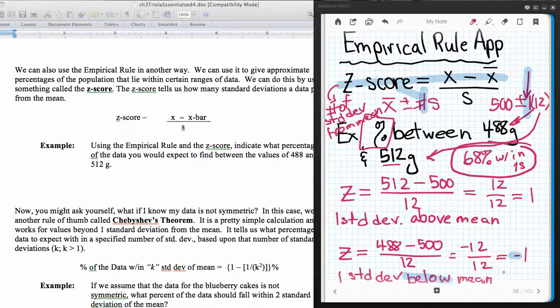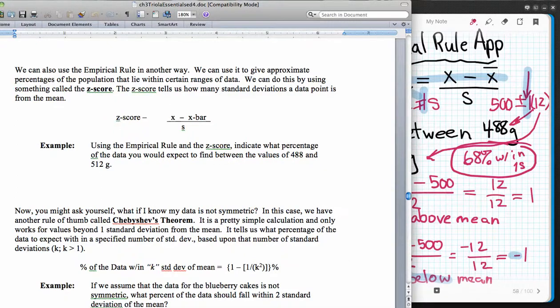Oh, 68%, or at least 68%. Oh, that fits the empirical rule pretty well. Looks like we have some symmetric data and it's within the expected range. If it's less than that, then we begin to have maybe some suspicions about the weights of those cakes, which would maybe warrant some further investigation. So these are the things that we're looking at with our inferences based upon the empirical rule.